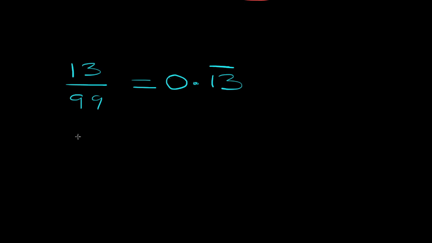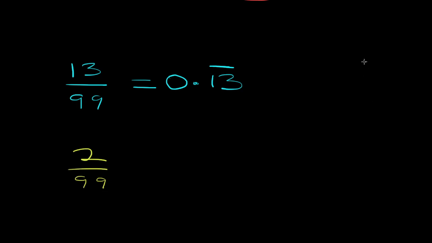All right. And then what if we have 2? Let me use a different color. Let me change to, there you go. So what if we have 2 over 99?